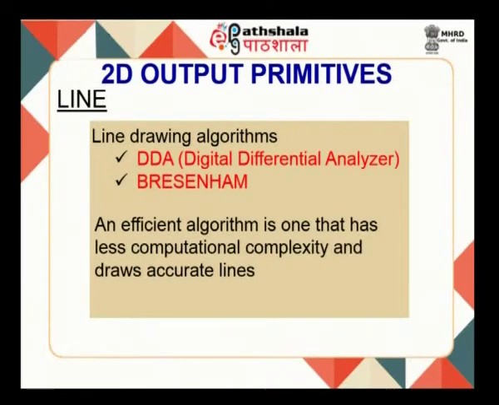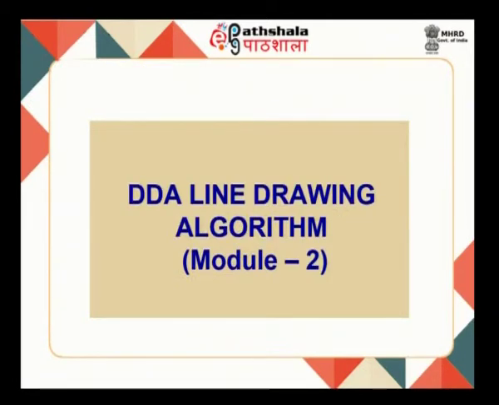We also want algorithms that are efficient. Efficiency is in terms of the number and type of resources they consume. They should be less complex, well behaved, and give us accurate lines when we draw them.